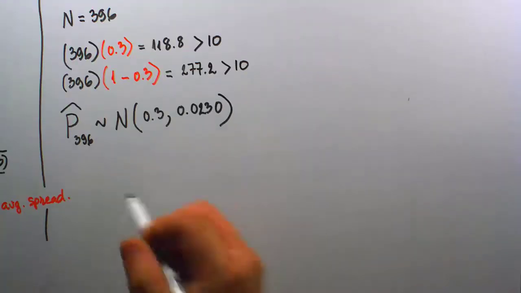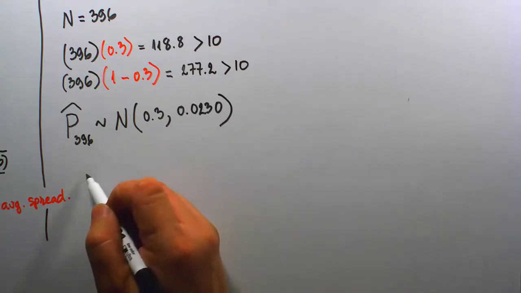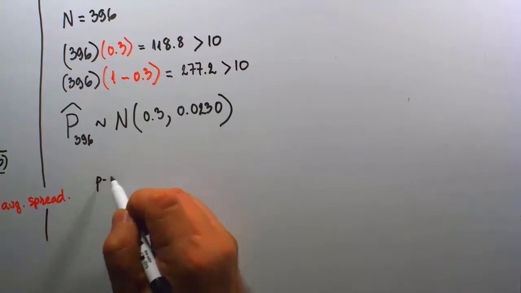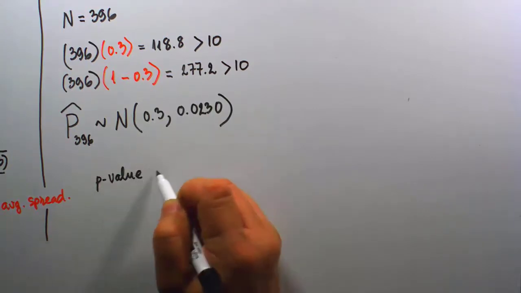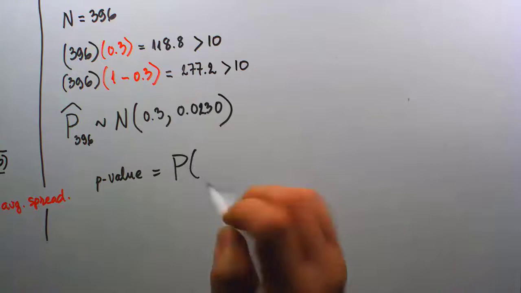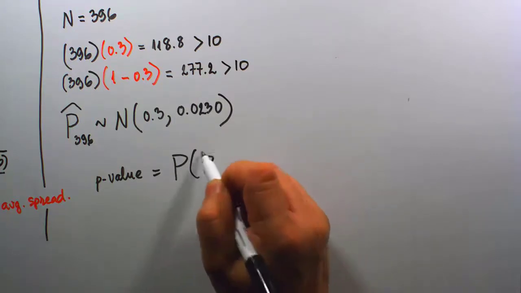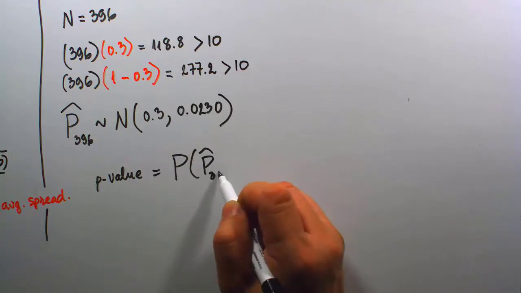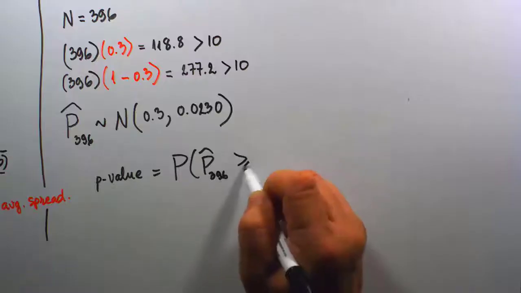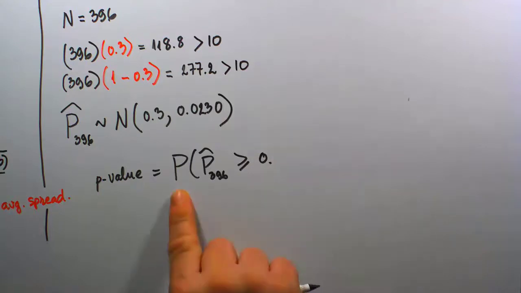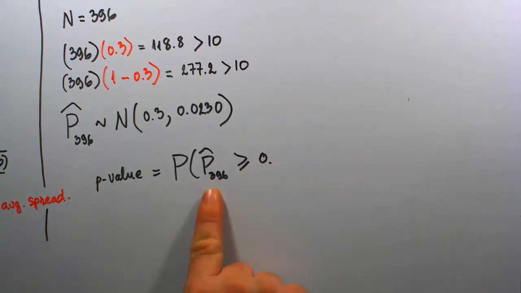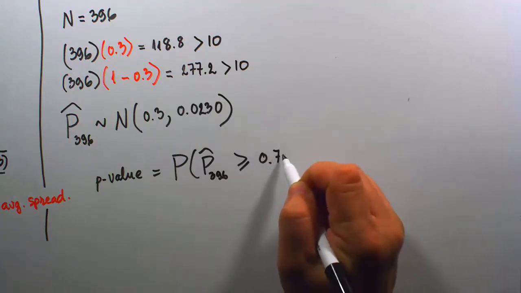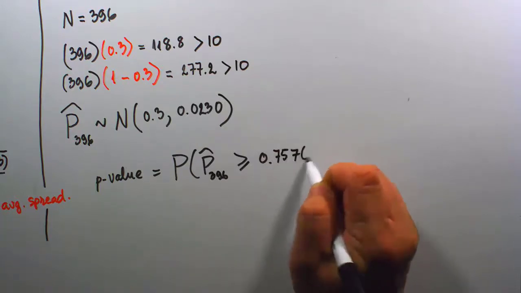And this is the reason why, when we later on, according to the steps that I was showing previously, were calculating the p-value, I was setting up, and I still have not explained why we were setting up, this particular probability problem. But for now, let's say once I set it up, find the probability of p hat subscript 396 to be greater than or equal to 0.7576.